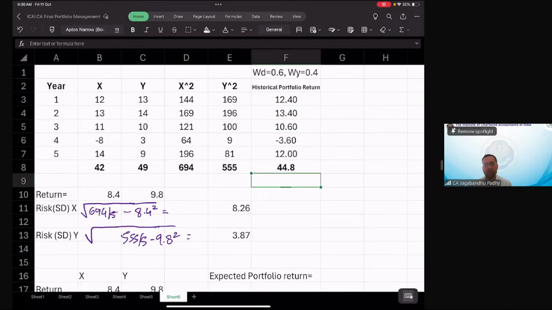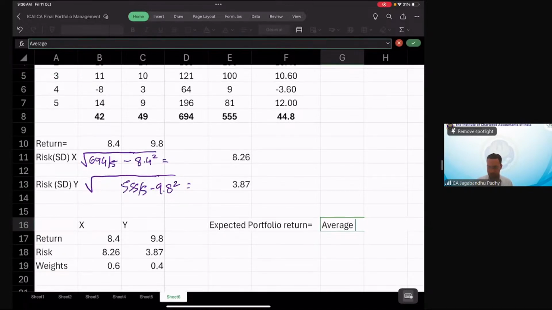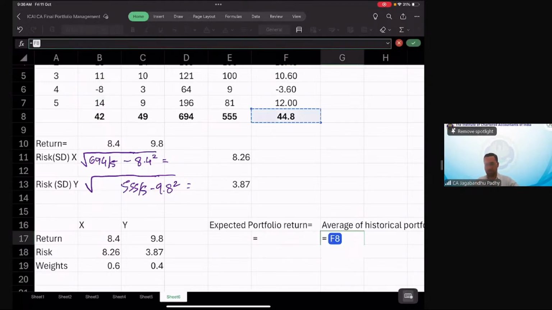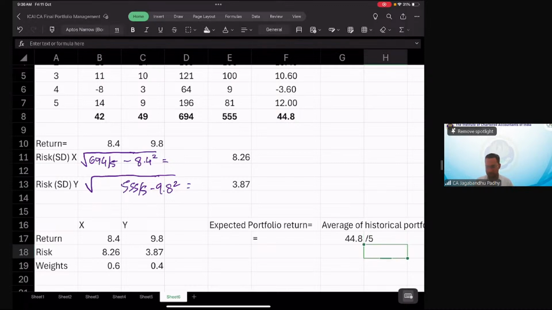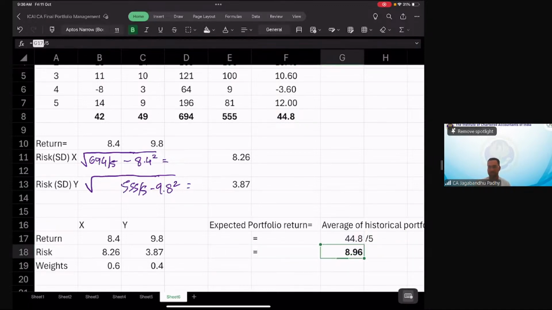The expected portfolio return will be what? Just like in case of shares, the expected return was the average of historical returns. Same way, expected portfolio return will be the average of historical portfolio return. Right? Now, the average of historical portfolio returns means it's going to be 44.8 divided by, of course, 5. So the expected portfolio return, overall portfolio return, is going to be 8.96%.